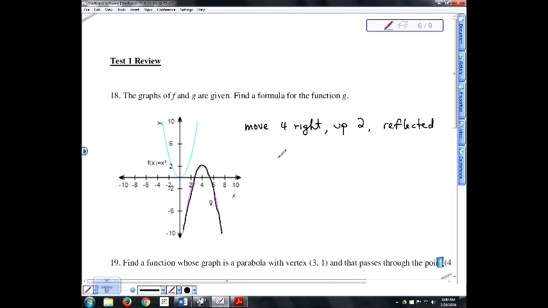So 4 to the right means x minus 4 inside of the parenthesis. Up 2 means a plus 2 outside of the parenthesis, and reflected vertically means a minus sign out in front or outside of the function. So there's the equation or a formula for the g function.